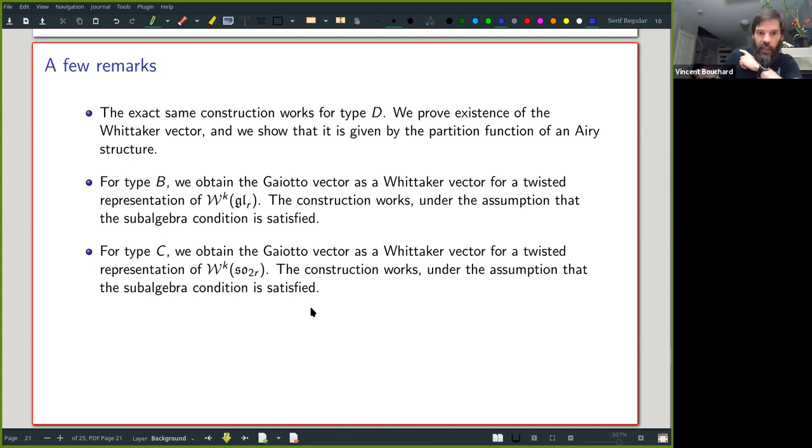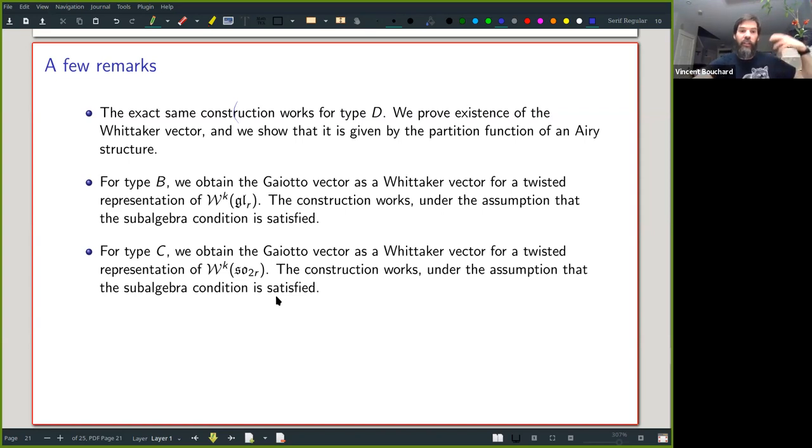And this is something that we actually construct explicitly. We construct the area structure, but in this case, we cannot prove the subalgebra condition. So our construction works, but it's subject to the assumption that the subalgebra condition is satisfied. And it's the same thing for type C. In this case, it's a twisted module for W of type D. And again, our construction just works, but we have to assume the subalgebra condition. We can't prove it explicitly.